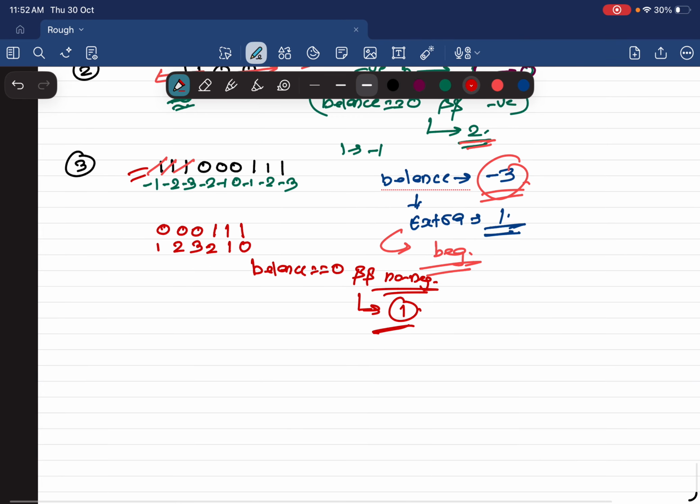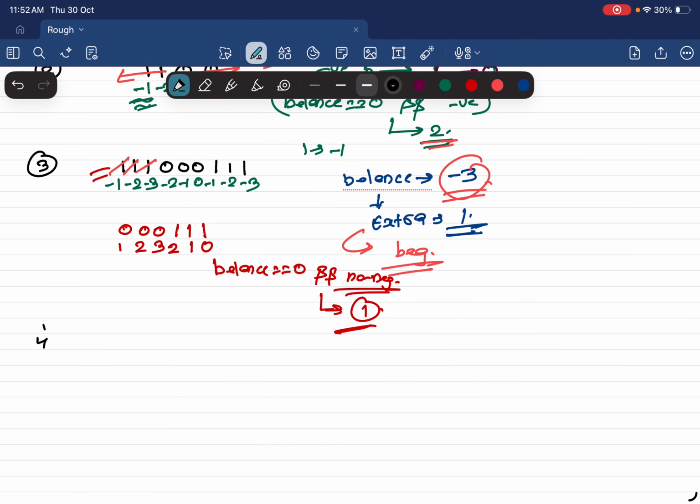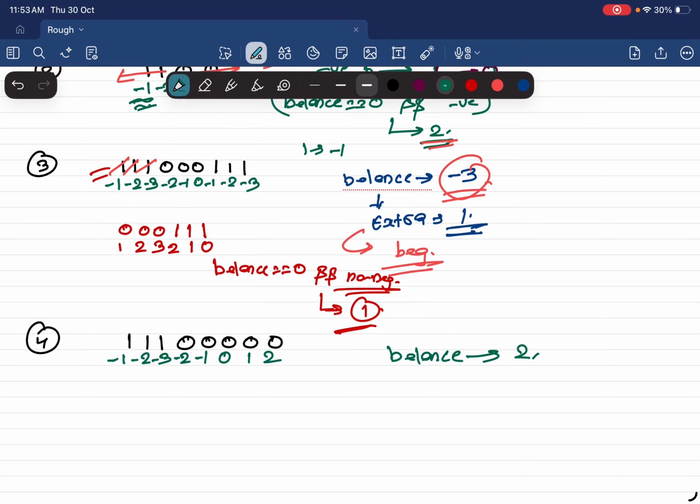Now let's talk about the fourth example. If it is 1 1 1 0 0 0 0 0, let's calculate balance: minus 1, minus 2, minus 3. Okay, this example will resemble the above example. Let's continue: minus 3, then minus 2, minus 1, 0, 1, 2. Now your balance is 2.